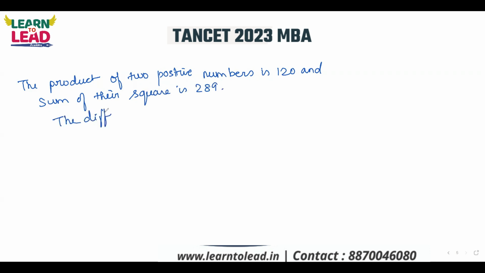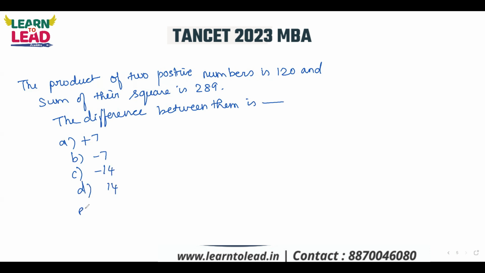The difference between them is ___. A) minus 7, B) plus 7, C) minus 14, D) plus 14, E) either A or B. Can you find out?